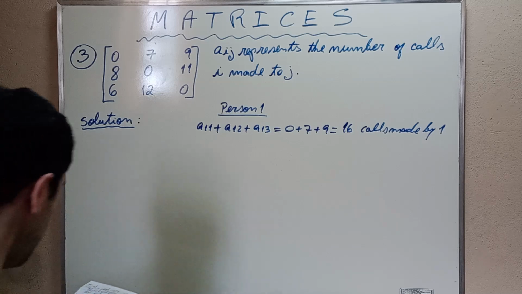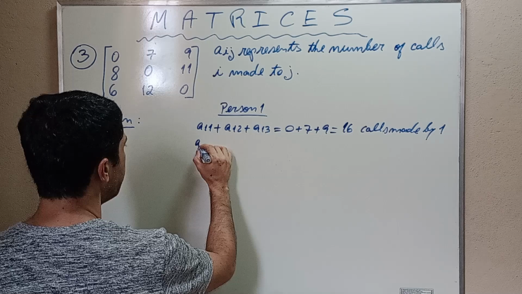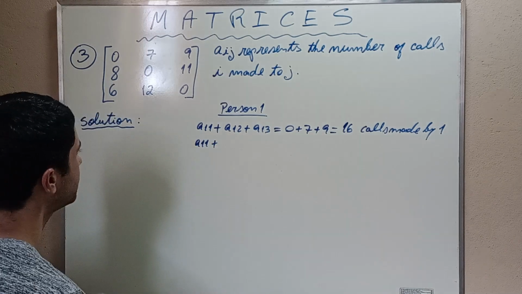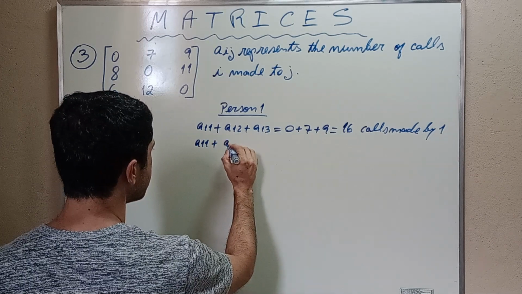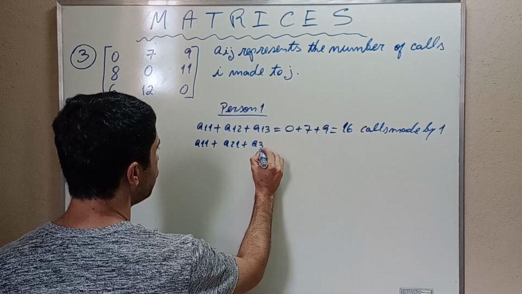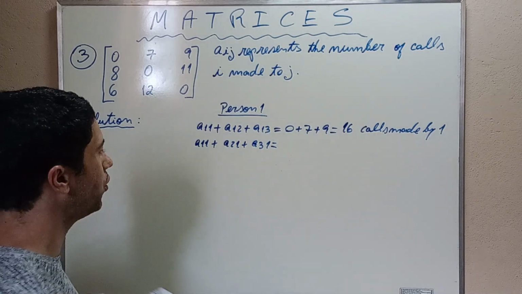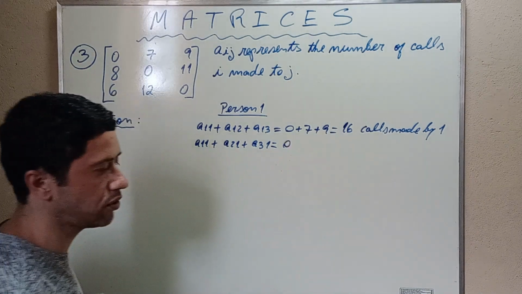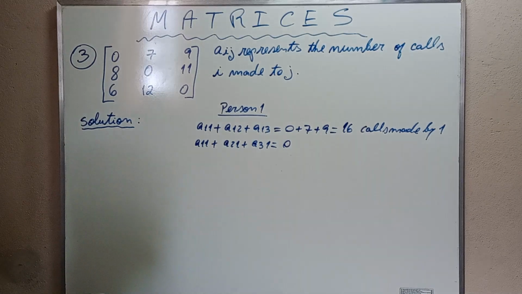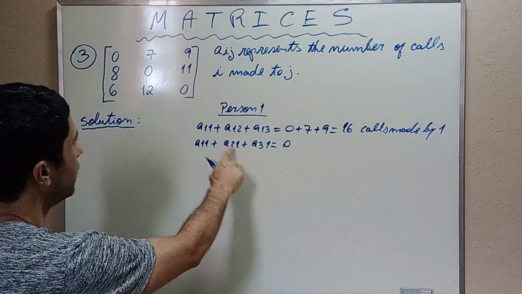Likewise, A11 plus A21 plus A31 represents, this sum represents the number of phone calls received, not made, received by 1. A11 is 0. You cannot receive a phone call from yourself. That's why it is 0. A21 is 8.